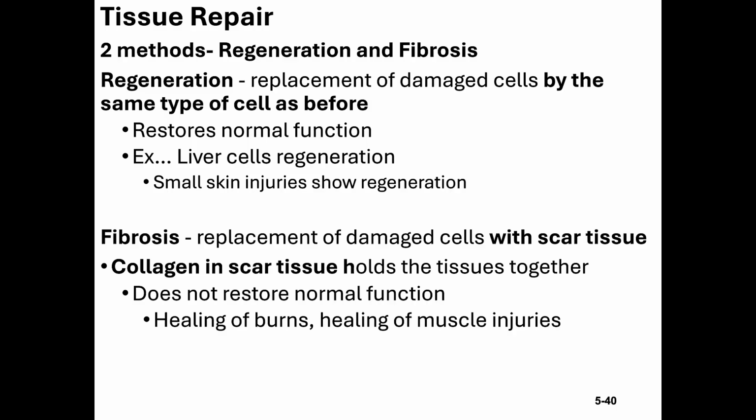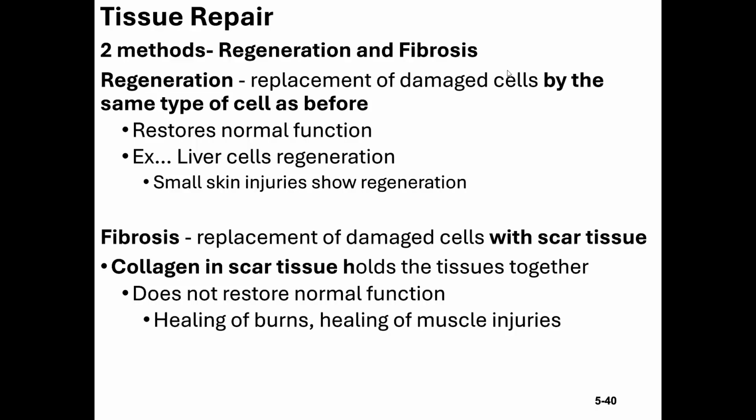Regeneration simply means that that particular injury is replaced by the same type of cells, so that normal function is restored. What do you mean by fibrosis? Scar. It's replaced by scar tissue, which is not going to function like normal.